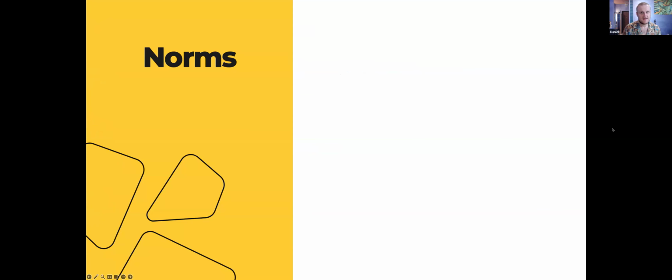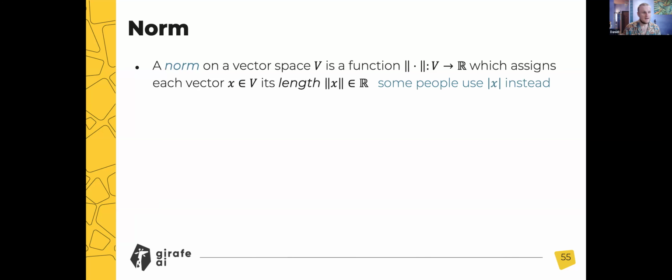And finally, the last idea that we'll need and that we have briefly touched upon is norms. So a norm is basically length. There are, of course, distinctions, but we will not need them. So a norm on a vector space is again a function that takes a vector and outputs a number, right?